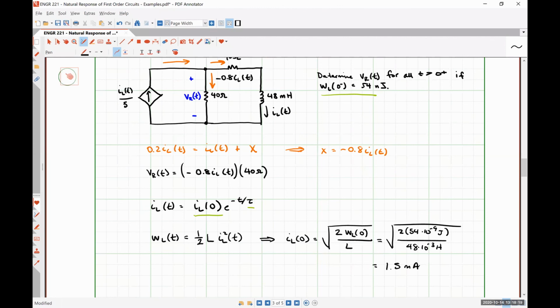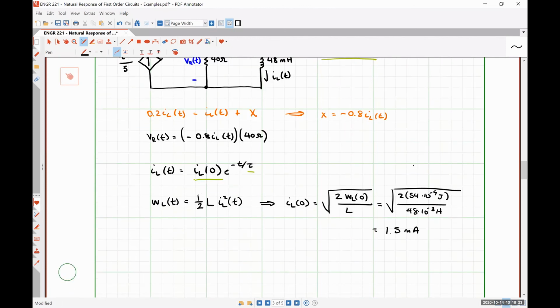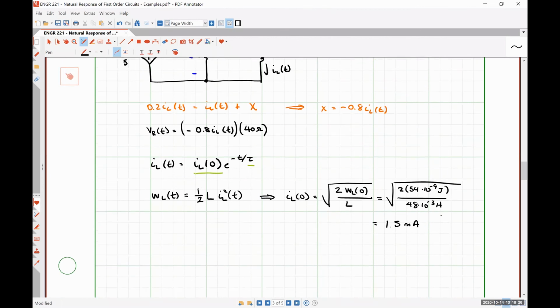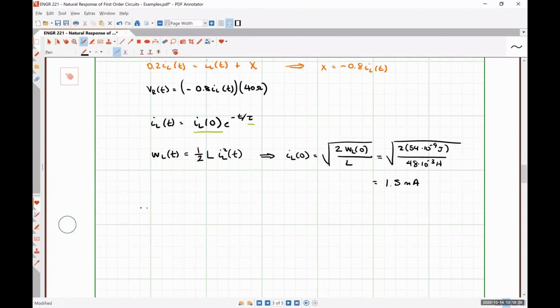How are we going to find the time constant, right? So for an RL circuit, tau is equal to the equivalent inductance divided by the equivalent resistance. Well, the equivalent inductance is simply the 48 millihenries because it's the only inductor in the circuit.